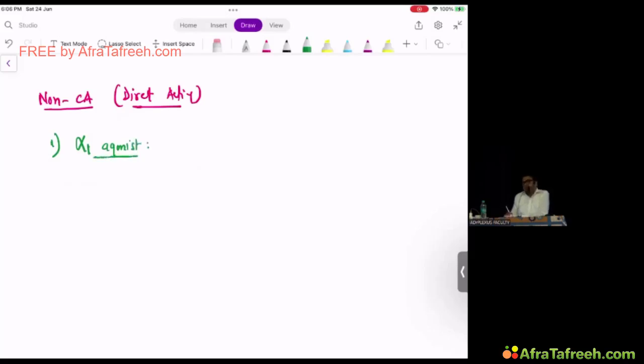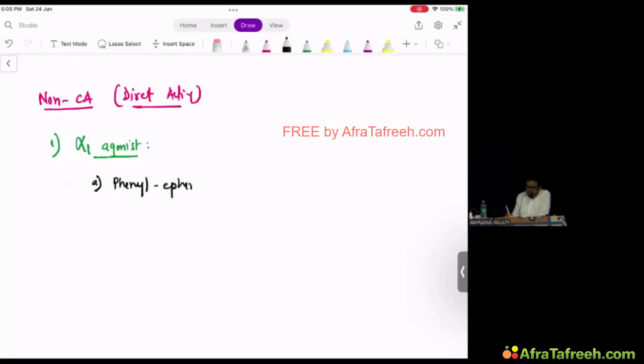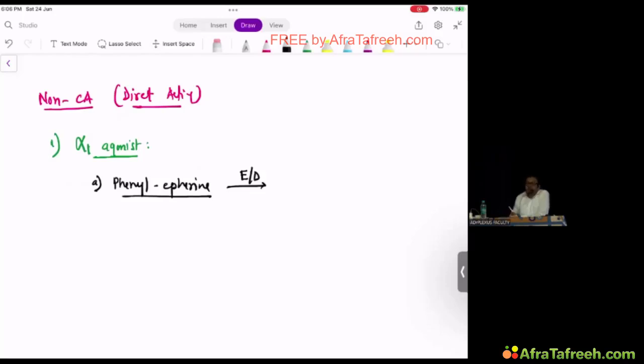Drugs which are alpha 1 agonist. Number 1, phenylephrine. Phenylephrine, alpha 1 agonist. It can be given as eye drop. E/D is eye drop. You put in eye drop, it causes mydriasis.